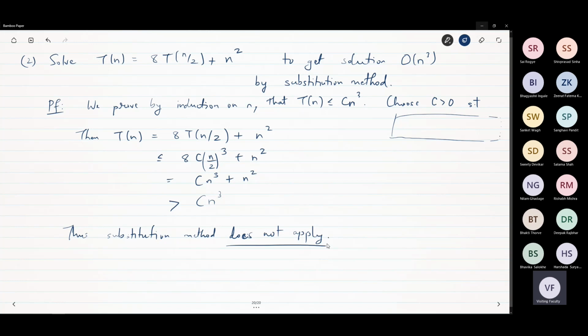But sometimes you will have to say that this test fails. It is that way. The substitution method does not apply. This method fails for this problem because you are already going beyond C n cube. It does not matter what that n square is. You can use the substitution method whenever I ask you to.